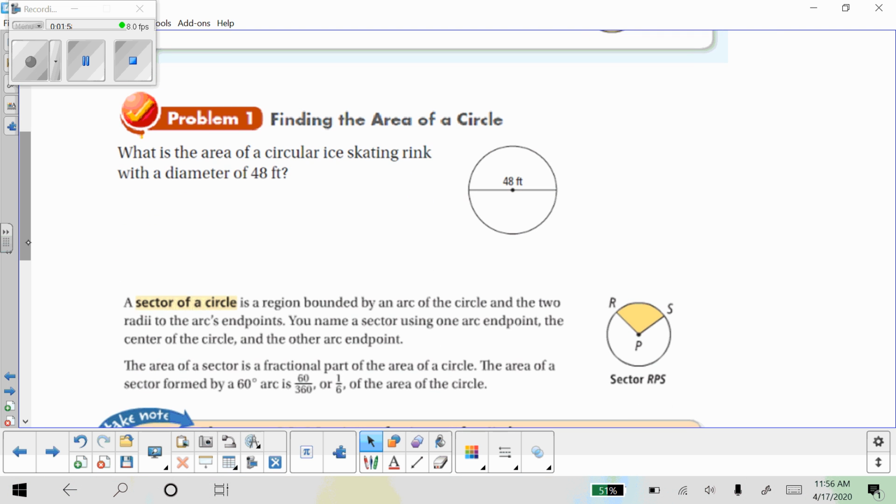What is the area of the circular skating rink with a diameter of 48? Of course, this is review for you, so this would be a good time to pause, get your answer, and then see if you got it right. Remember to leave your answer in terms of pi.